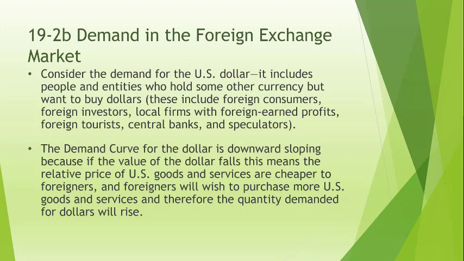So the demand curve for the dollar is going to be downward sloping, as most demand curves are, because if the value of the dollar falls, it means the relative price of US goods and services are cheaper to foreigners, and foreigners are going to wish to buy then more US goods and services, and therefore the quantity demanded for dollars will rise.